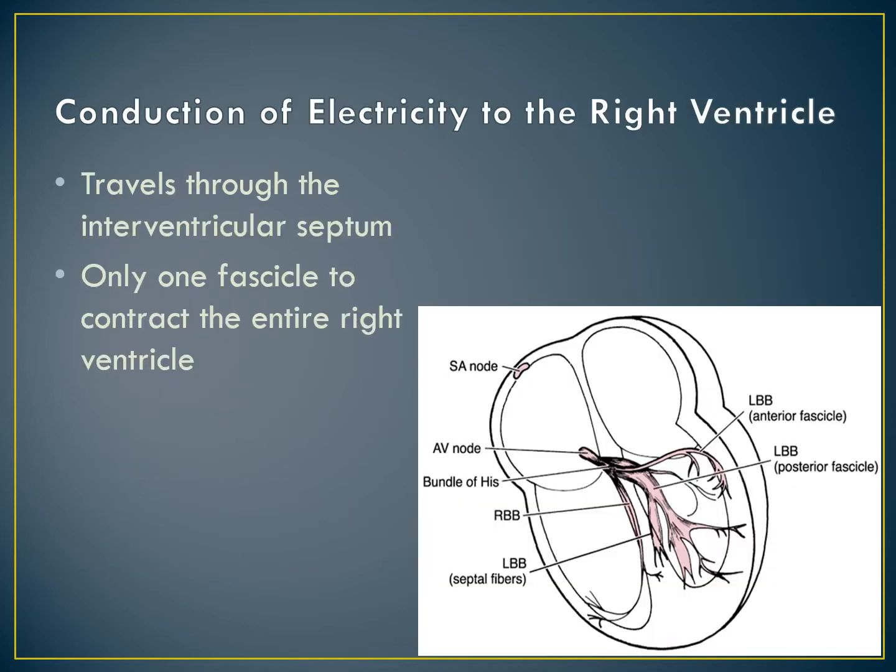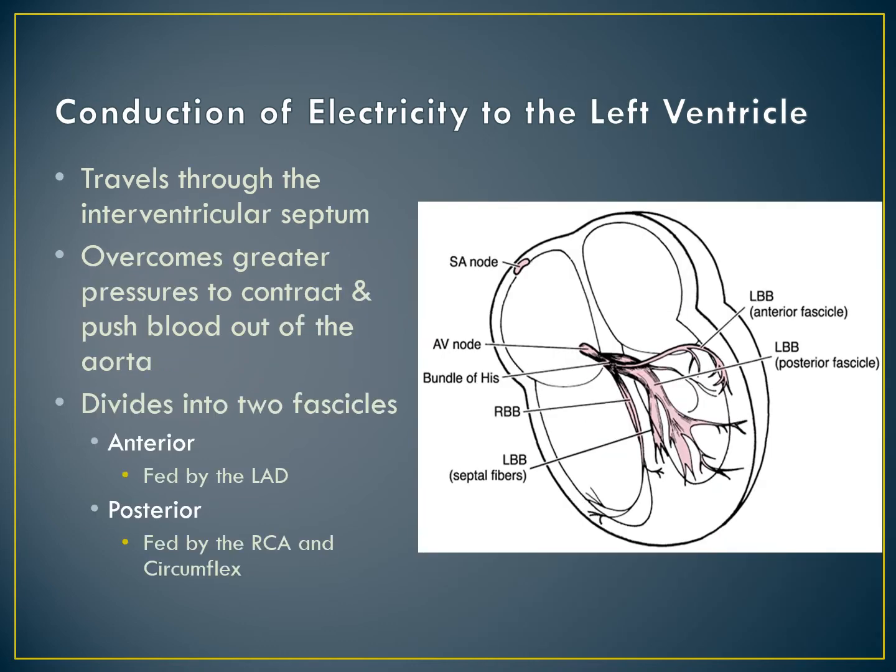When electricity travels down the right side of the septum and swings around to feed the right ventricle, it does so through a single fascicle, which you will see is very different from the left side. On the left ventricle, electricity travels down the left side of the septal wall and splits into two fascicles, an anterior fascicle and a posterior fascicle.